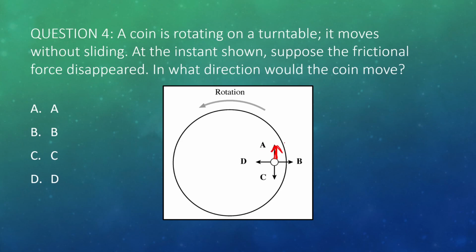So if that's the case, our object would have to move upward. If the friction force disappeared, this would just no longer have a grip in toward the center of the circle. All it would have is this force launching it straight off into the distance. So in this case, the answer is A.